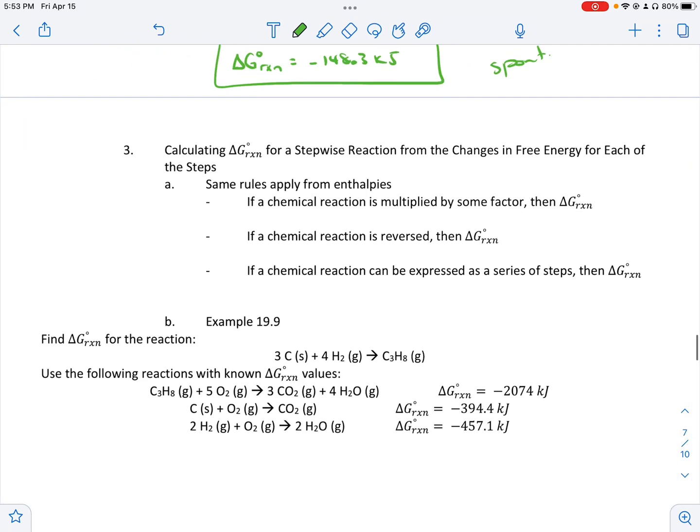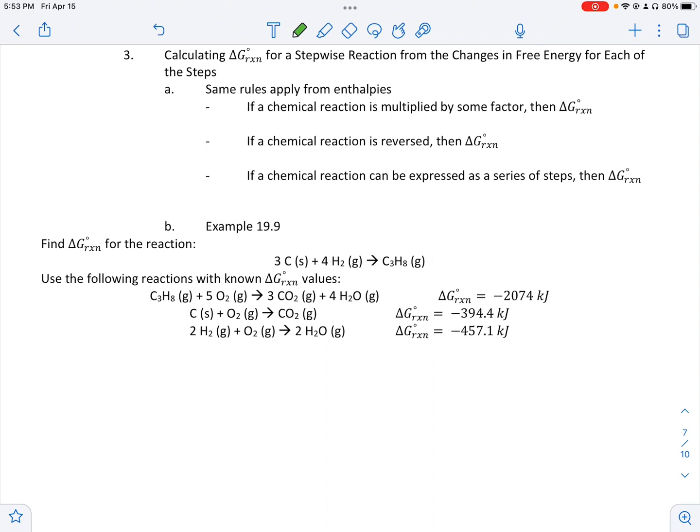Awesome. Now, another thing that we can do with delta G of reaction is use it like a Hess's Law problem, in which case we can manipulate it as we would there. And it makes sense because when we have more gasoline, we can get more energy, or I can drive farther in my car. So let's see how those rules go. If a chemical reaction is multiplied by the same factor, then delta G is also multiplied by that factor.